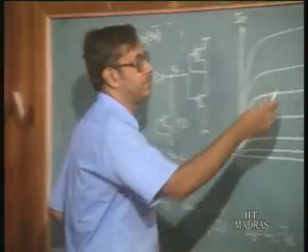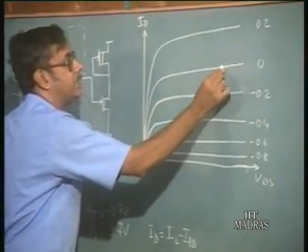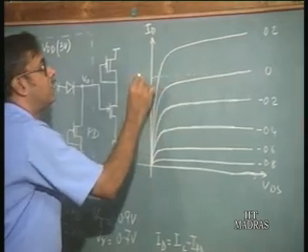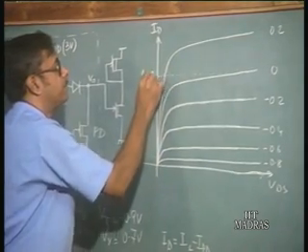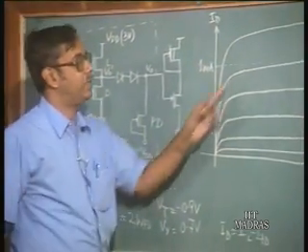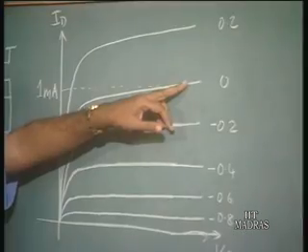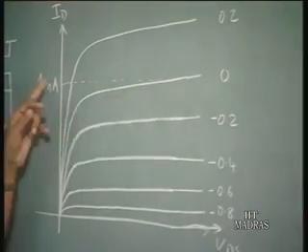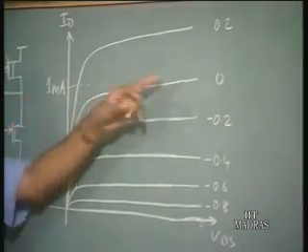Now, let us take this to be 1 milliampere, that is, when VGS is equal to 0, the current flowing through the device is approximately 1 milliampere.